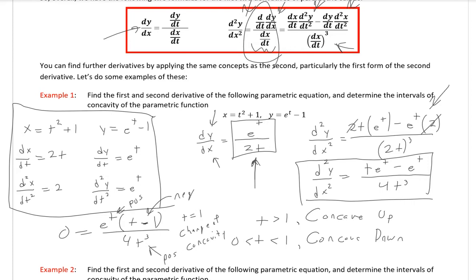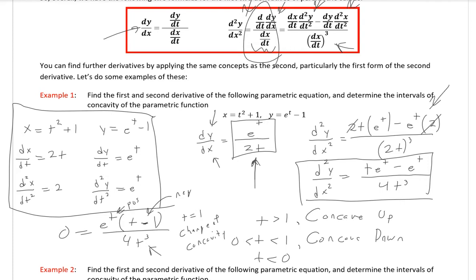But then we see 0 as a problem because the denominator can't equal 0. But what if t is less than 0? If t is negative, e to the negative number is still a positive number. A negative number minus 1 is still negative.